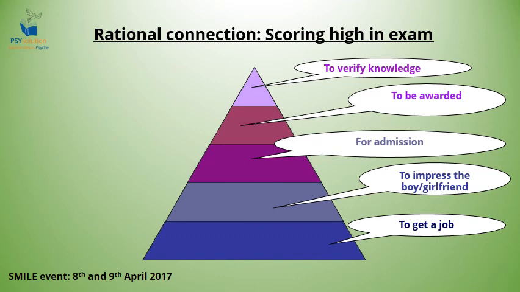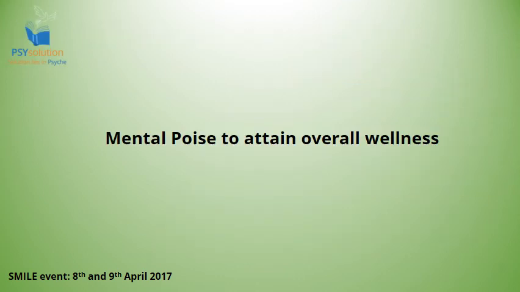This is the rational connection. Lesser thoughts also mean lesser depression and other psychological disorders. In the nature cure way, lesser thoughts mean also lesser innervation and a faster curing process holistically.